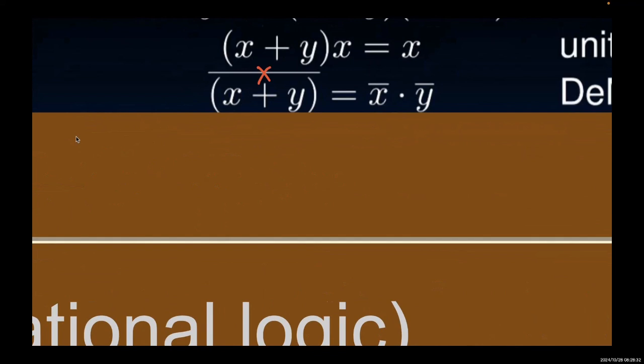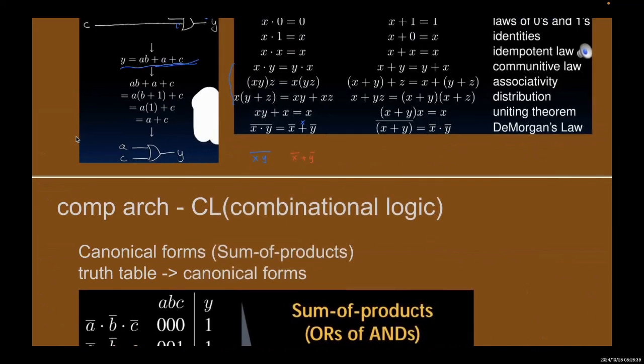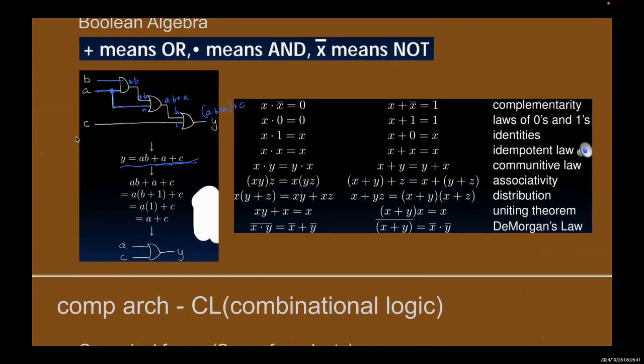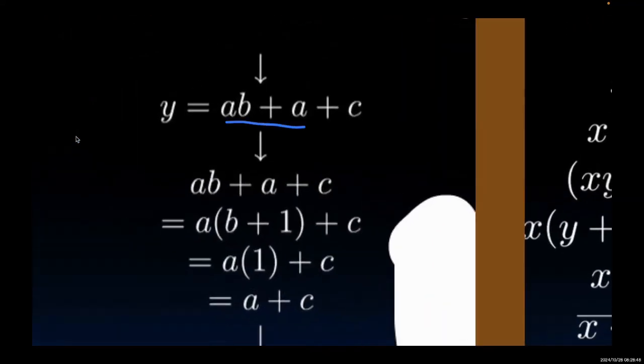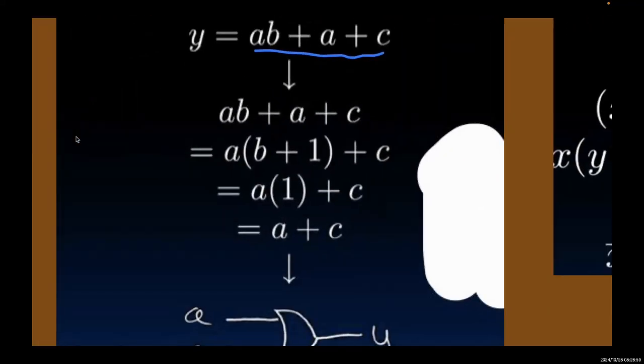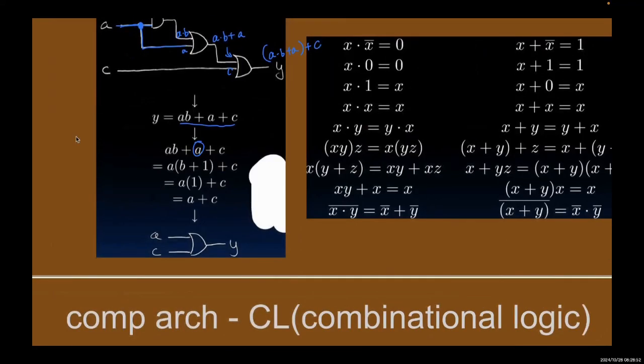You can also cut it into 2 and change the notation. But we're not going to use this today. With these laws, you can actually simplify this formula. Like, A is equal to A multiplied by 1, and we can use this. So it becomes A times (B plus 1), plus C.